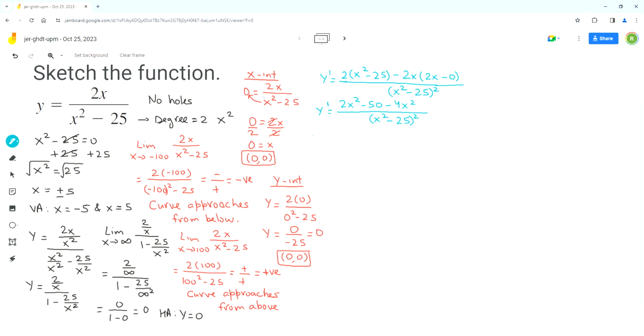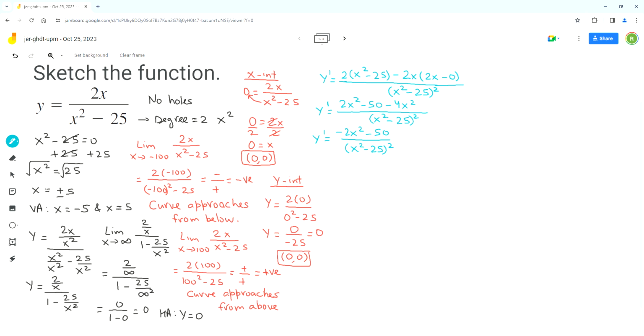Now we can simplify the numerator. So 2x squared minus 4x squared is negative 2x squared, minus 50, over x squared minus 25 squared.